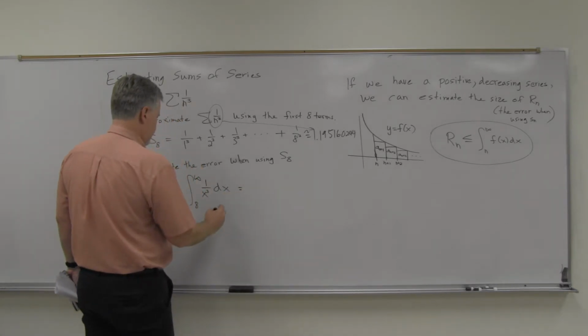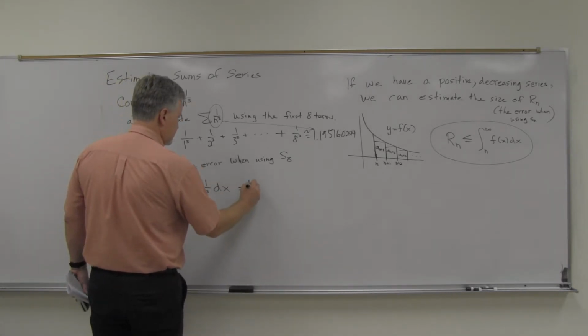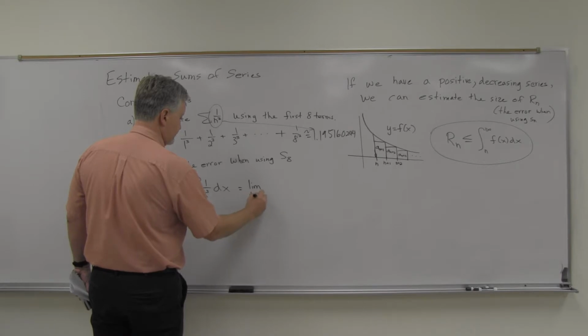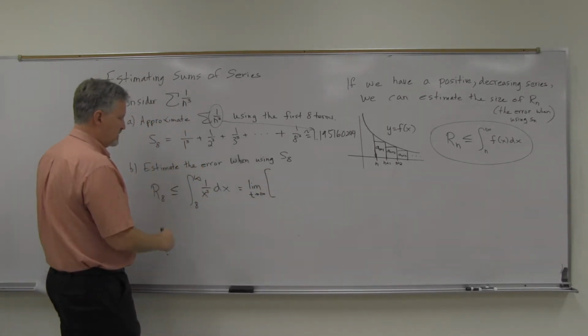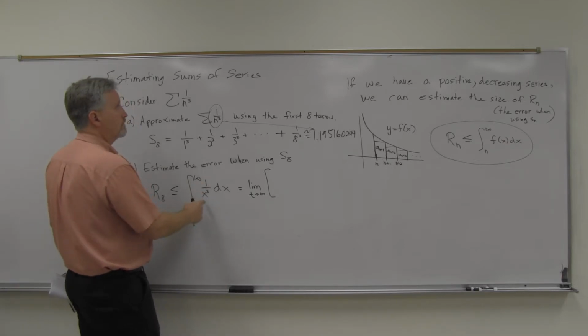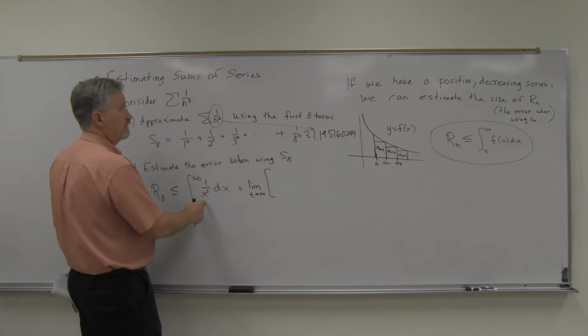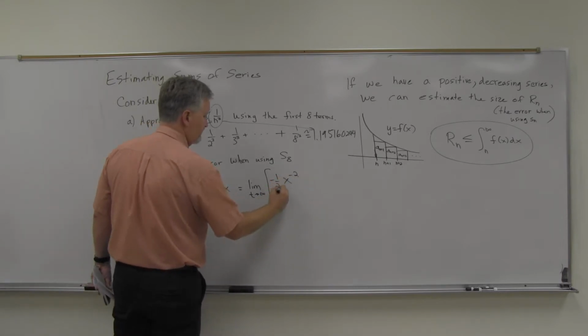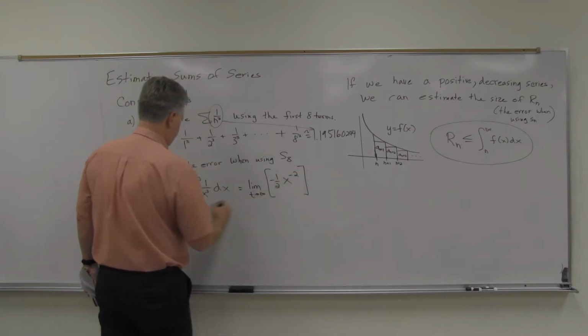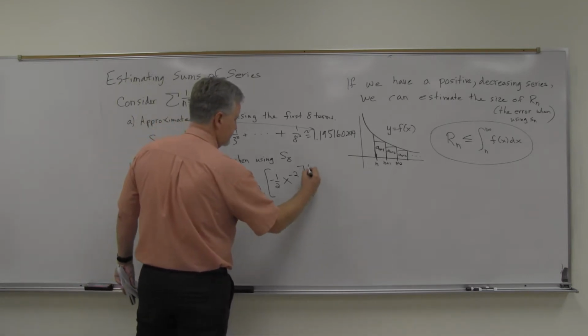All right, so what's this integral? It's x to the negative 3. Well, it's an improper integral, so it's the limit as t goes to infinity. Adding 1 to the exponent, it'll be negative 1/2 x to the negative 2, evaluated from 8 to t.